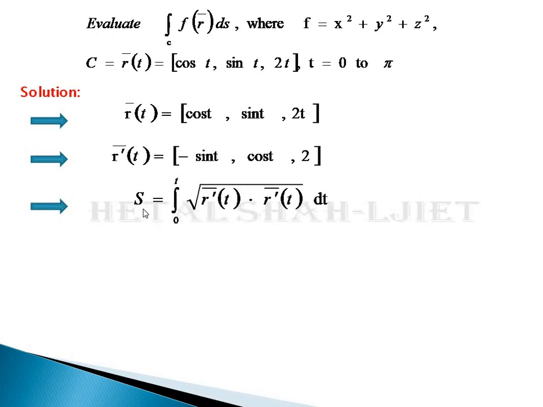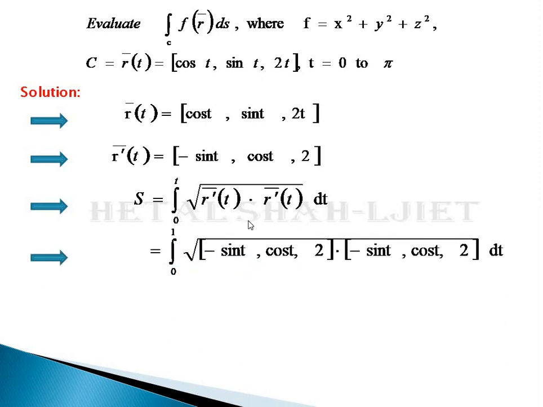The formula for the arc length is the integration from 0 to t of the square root of the dot product of r dash t, with respect to t. First we find the dot product. Minus sin t into minus sin t is sin square t, cos t into cos t is cos square t, plus 4.